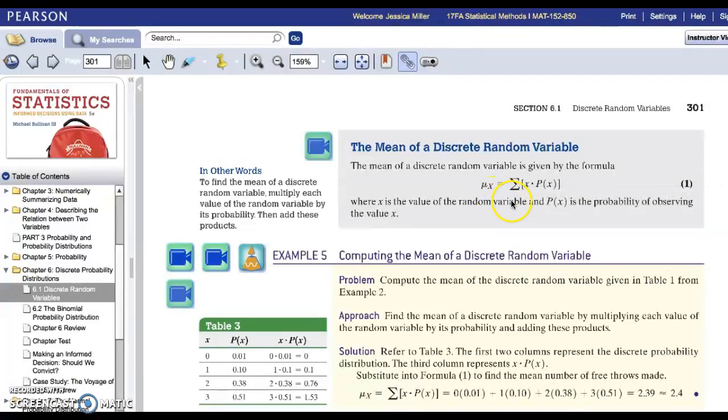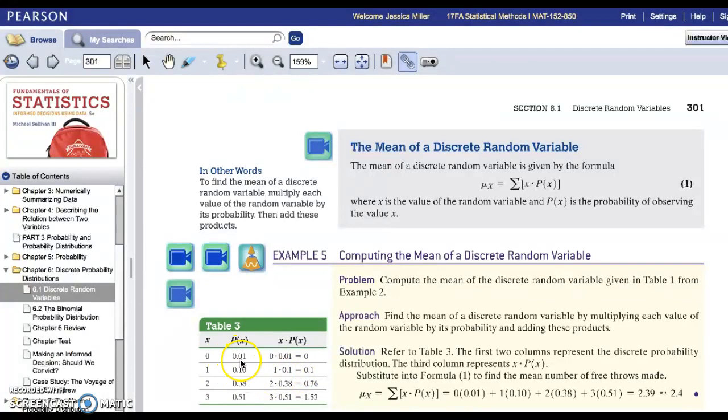And they give you this definition that it's the sum of the x's times the p of x's. And the by hand calculation is actually not bad in this case. It's worth going through, but then it's also going to match our StatCrunch. So what this means is when we're looking at a random variable, we have our values and our probabilities.